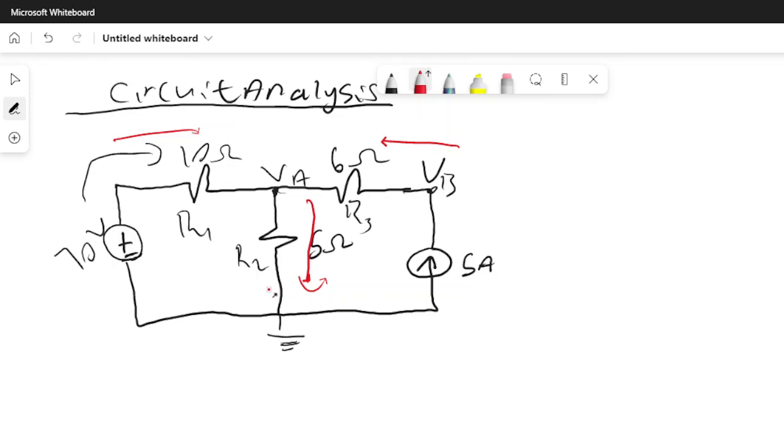Now Kirchhoff's current law says the sum of the currents that flow into and out of the node adds up to 0.